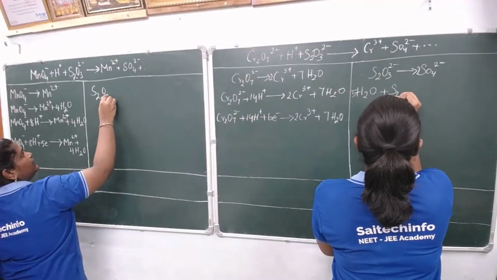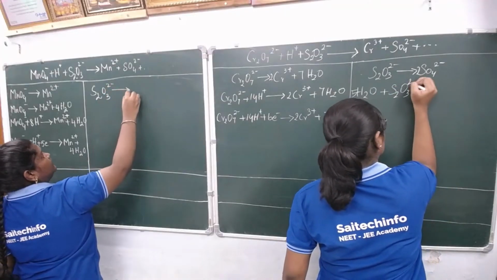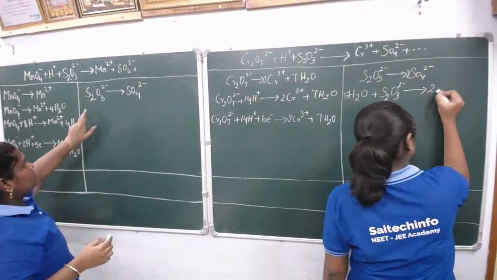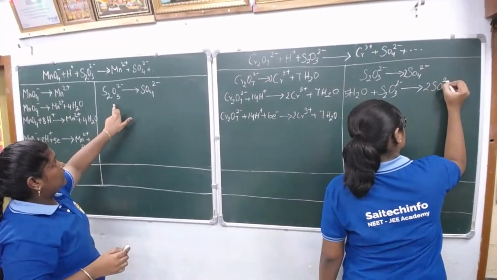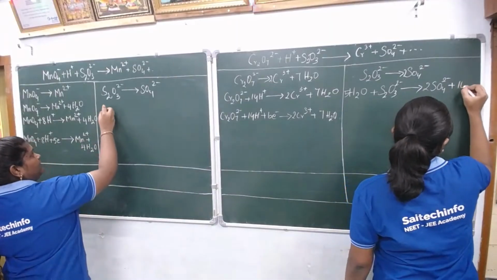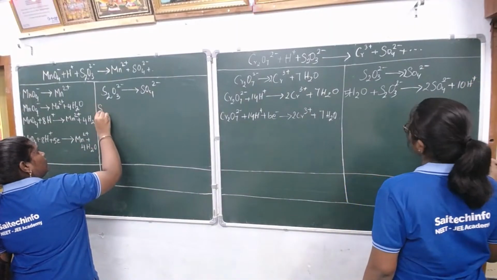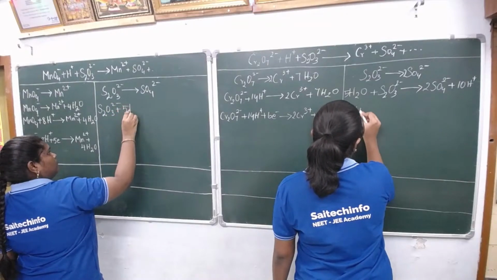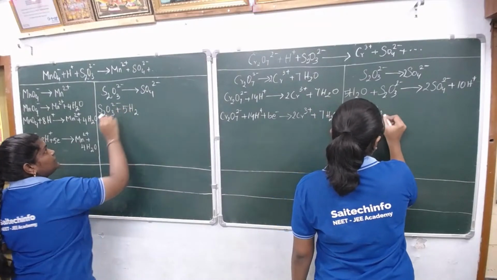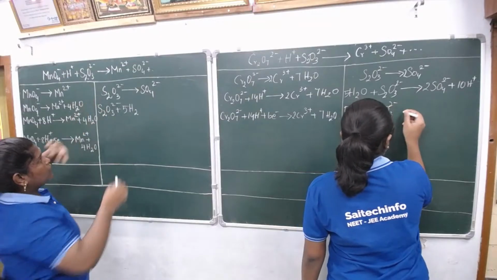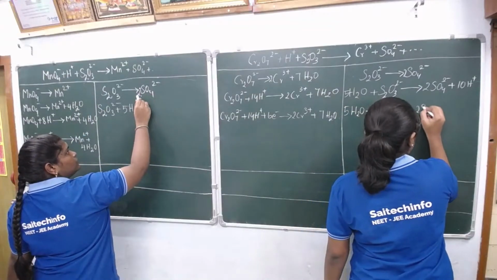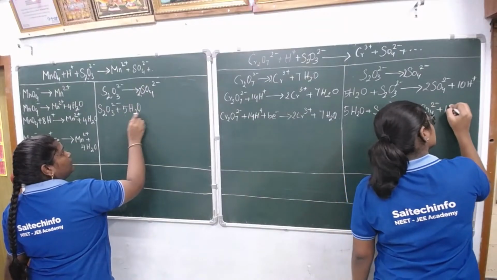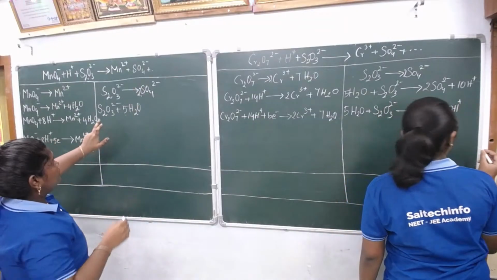Then we are taking the reducing part, reducing agent. To balance the oxygen here, oxygen is deficient, so we are adding 5 water molecules. So first we need to balance the sulfur here. So we need to add 2 over here. So the oxygen will become 8. So 5 water plus 3. So 5 plus 3 is 8.